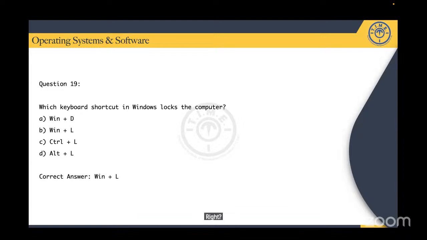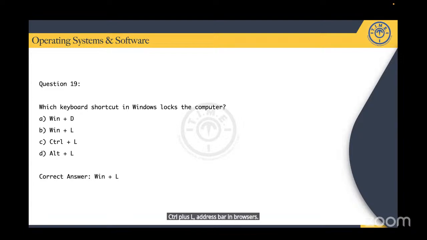Why are the other options wrong? Windows plus D, the first option, shows desktop. Control plus L, address bar in browsers.